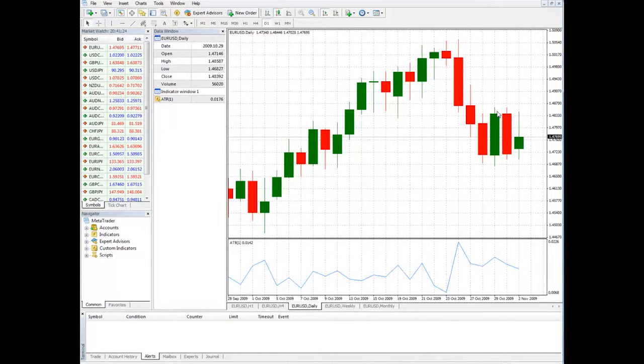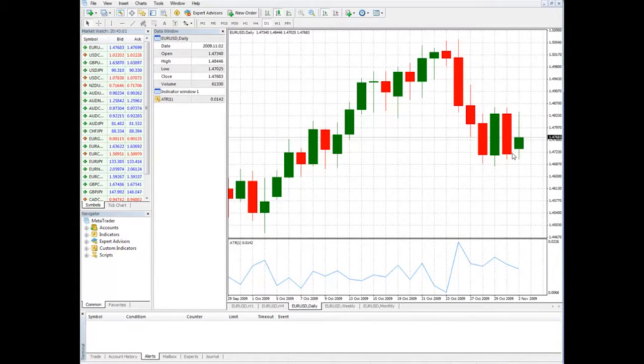What we'll do is buy on a breakout of this bar plus 3 pips, and sell on a breakout of that low minus 3 pips. So let's do our calculations here. You can see that our high is 1.48587, and our low is 1.46827.